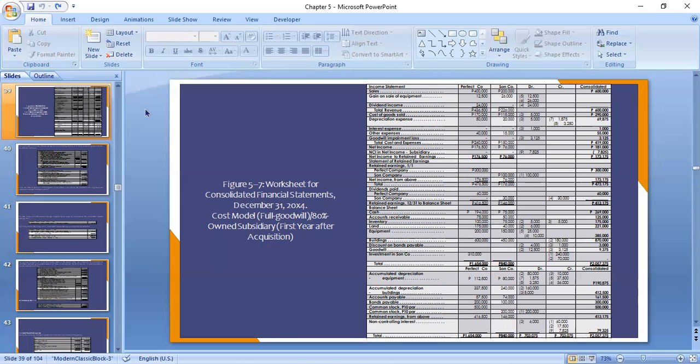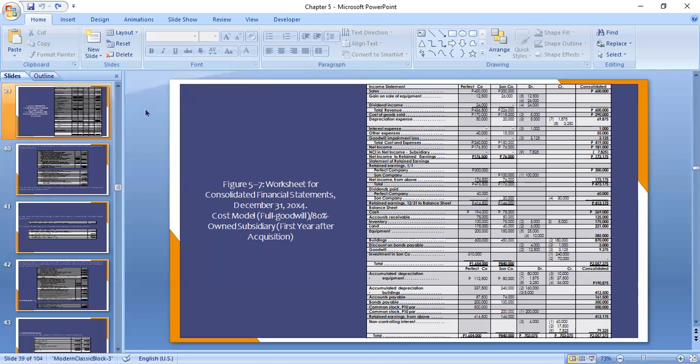We have interest expense. We have here a debit for discount on bonds payable. The discount is, I think, 5,000 a year for our depreciation expense, and we have the interest expense 1,000 a year.